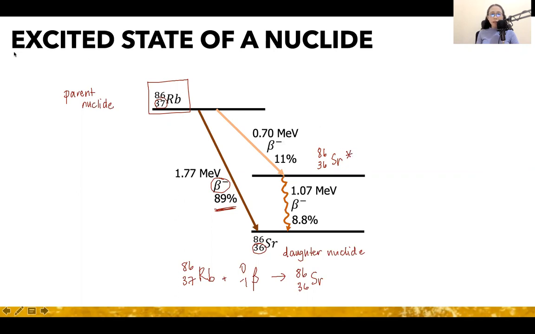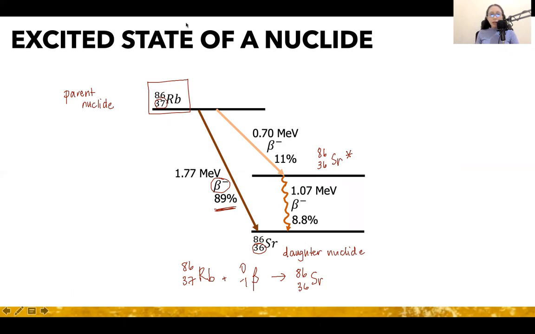So we have what we call an excited state of a certain nuclide. And since we have this squiggly line, it means that this strontium in its excited state releases the excess energy. And the energy is 1.07 mega electron volts. So if we add the two, we still get the 1.77 mega electron volts from the first pathway.